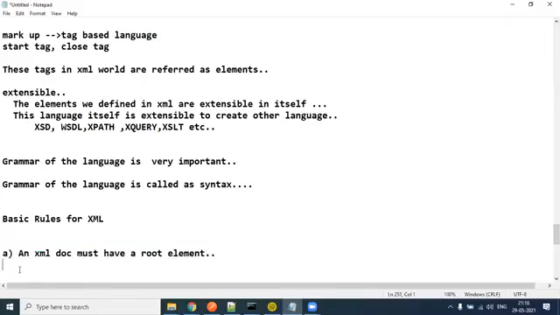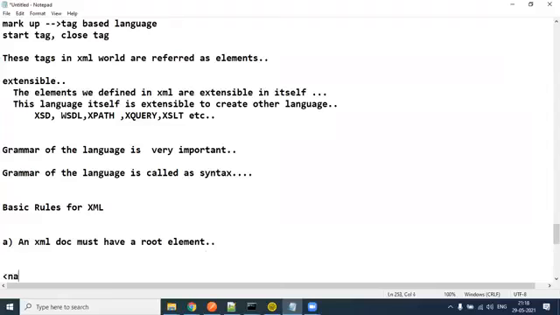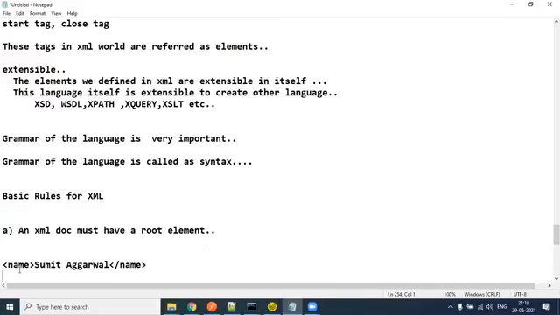So how do we represent the information in an XML file like this? Let's say name, Sumit Agarwal. Here name is an element and this Sumit Agarwal is the data inside this element. Now let's say I'm writing some XML file.